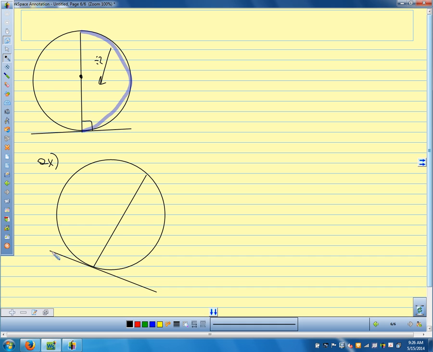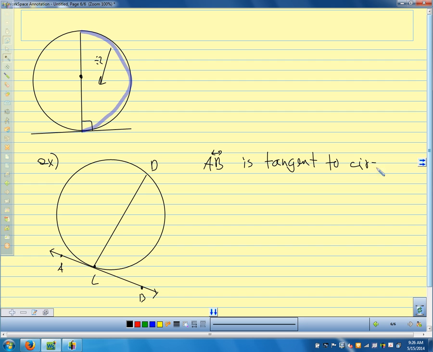And we're going to say that line AB is tangent to the circle at C. I'm going to call this point E. The measure of arc CED is 214 degrees.